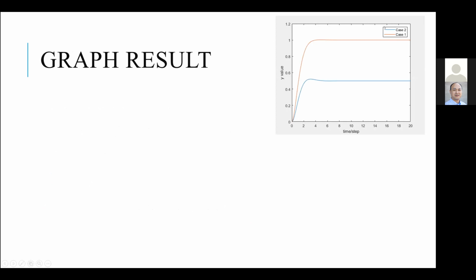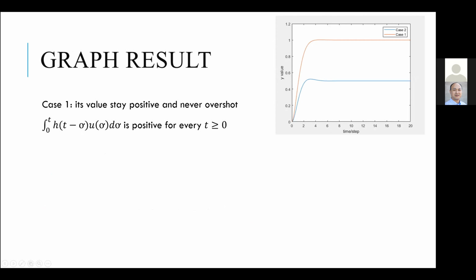In case 2, there are two eigenvalues that are complex conjugates. In case 1, you see a very smooth increase: the increase of the input always increases the output y(t), and then it settles. There's no oscillation.